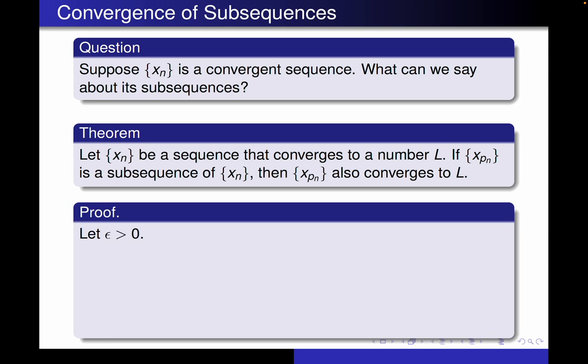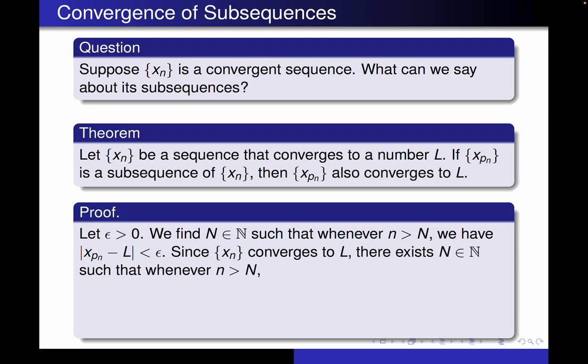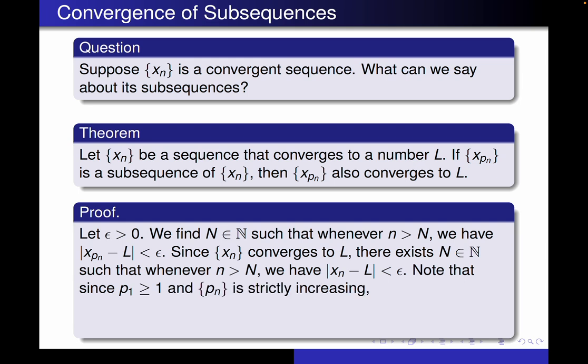So we're going to start with epsilon greater than 0, and we're going to find some big N natural number such that whenever little n is bigger than big N, we have the absolute value of x sub pn minus L less than epsilon. We know that xn converges to L, and that means there's some big N such that whenever little n is bigger than big N, then the absolute value of xn minus L is less than epsilon. And since p1 is greater than or equal to 1, and the pn's are strictly increasing, that implies that each pn is greater than or equal to n for all n.